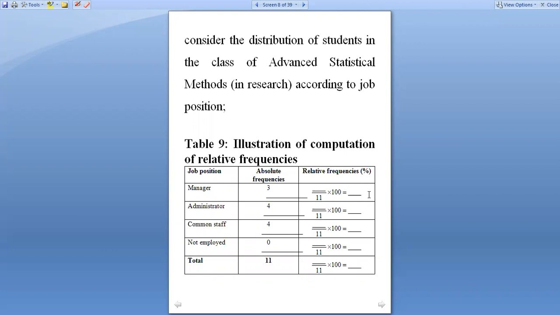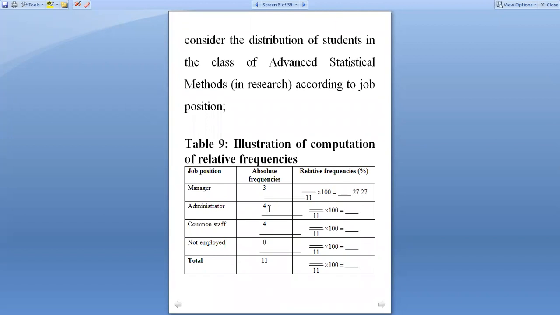Get 3, divide by 11, multiply by 100. What do you get? 27%. 27 point, you round off to 2 decimal points. 27.27. 27.27%.